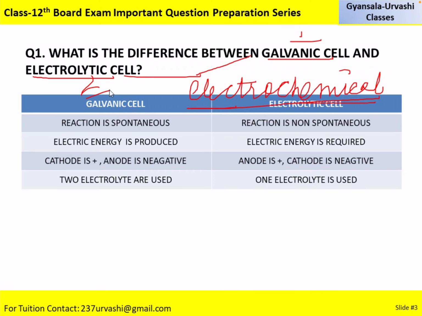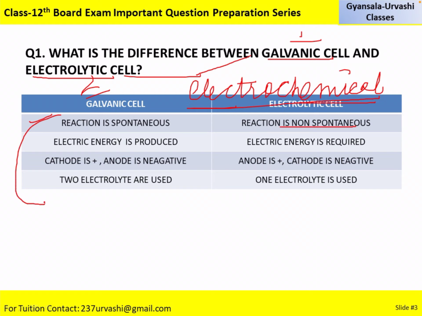So here you see, we generally have 4 main differences in this topic, and I will be discussing them one by one. The first difference is that galvanic cell reactions are spontaneous, and on the other side electrolytic cell reactions are non-spontaneous. Now what is spontaneity?